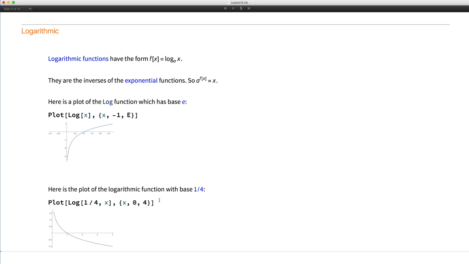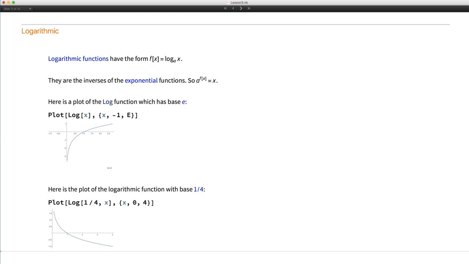And they are very similar in some sense to the exponential functions because they are in fact the inverses. So the logarithmic functions are quite useful, but as you can see, they grow much slower than the exponentials and they have their own uses.